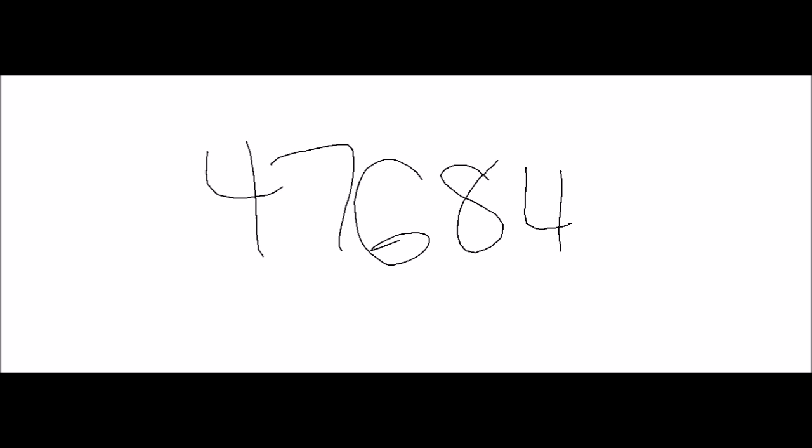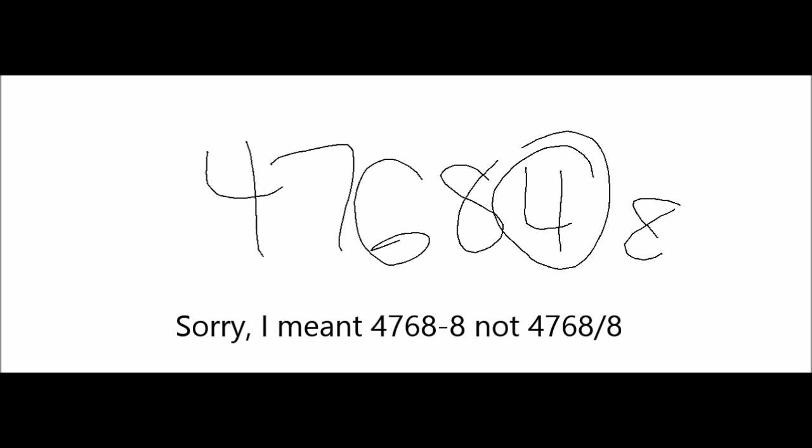7 is a little tricky. You double the last digit, subtract it from the rest of the digits, and the result has to be divisible by 7. So this number, double this digit right here, that's 8, and then subtract it from the rest of the digits. So 4768 minus 8 is 4760.